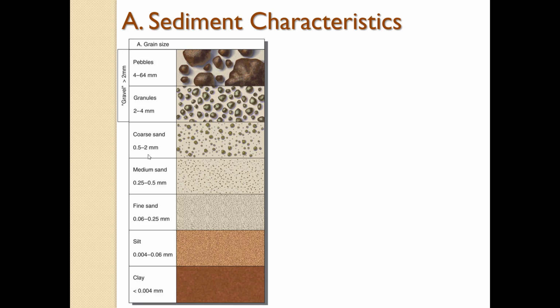So in general, we learned in physical geology that as you move further away from a source area, and a source area is usually a mountain, in general, grain size will decrease. That makes sense if you think about it. You have a whole bunch of rocks fall off the side of a mountain, and you might have a variety of grain sizes, but you overall will have more large particles there.